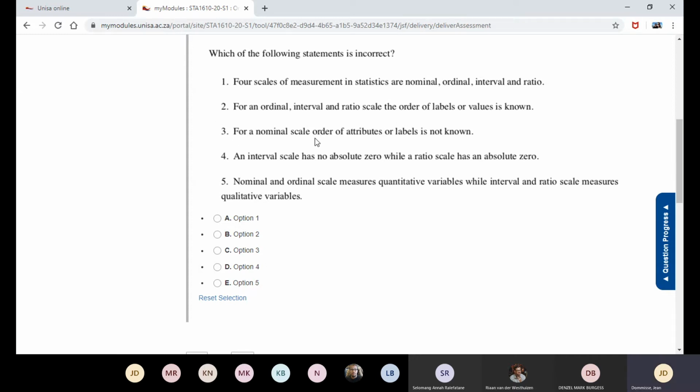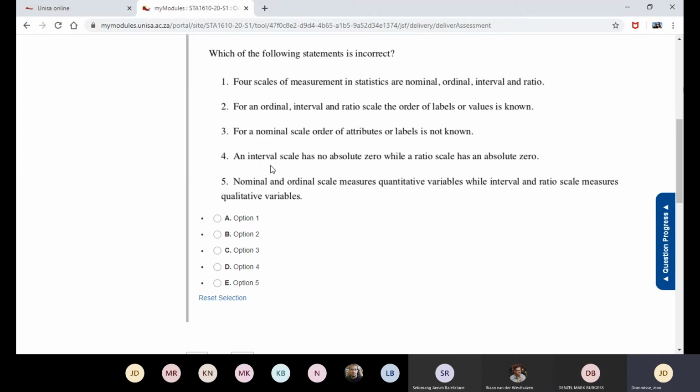For a nominal scale, order of attributes or labels is not known. I'm putting a question mark there because I'm almost certain that is the incorrect one. I'm also wondering about that one.